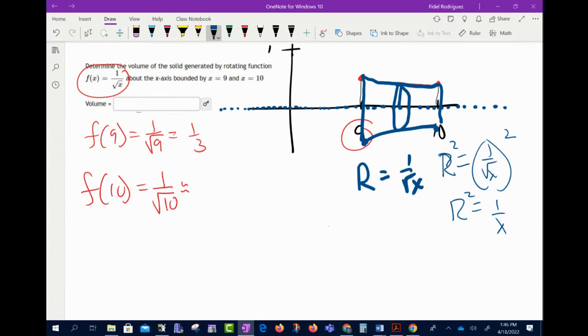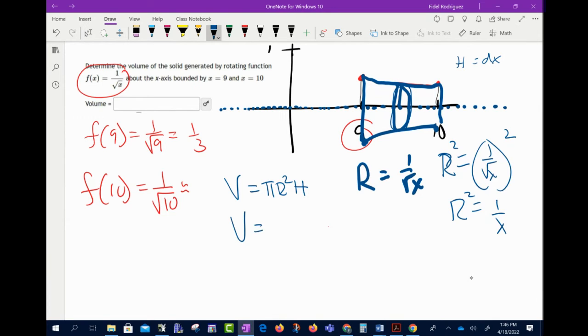Now, if y'all recall, those circles are really kind of like little cylinders, where the thickness, the height, is that real small height dx, right? How do we find the volume of a cylinder? It's always pi r squared times h.